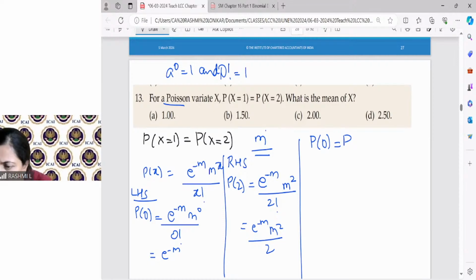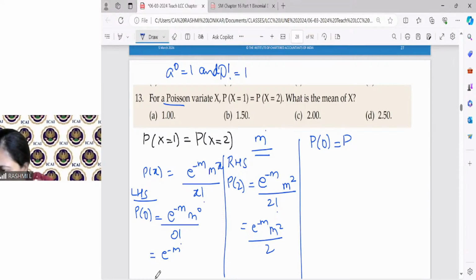Oh dear. 0 कहाँ से आ गया? I have to find P of 1. Okay, my bad. X is 1. Okay, X is 1. So P of 1 is e raised to minus m, m raised to 1 upon 1 factorial.